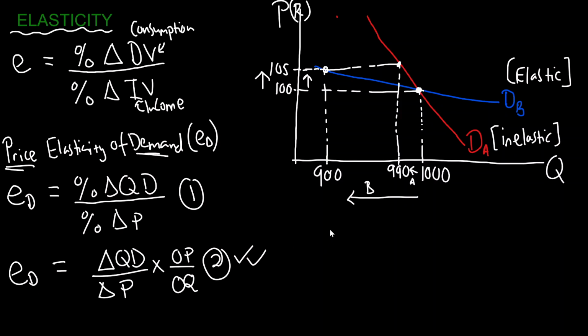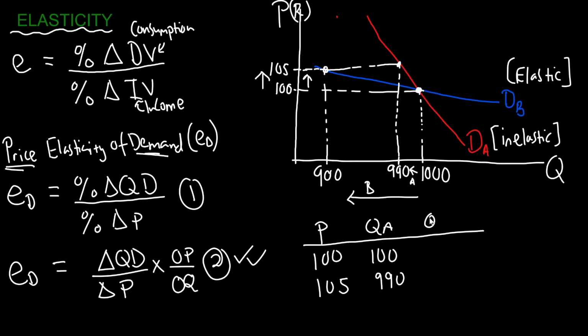All right. So quickly put these numbers down. The price has changed from 100 to 105. For product A, the quantity has changed from 1,000 to 990.